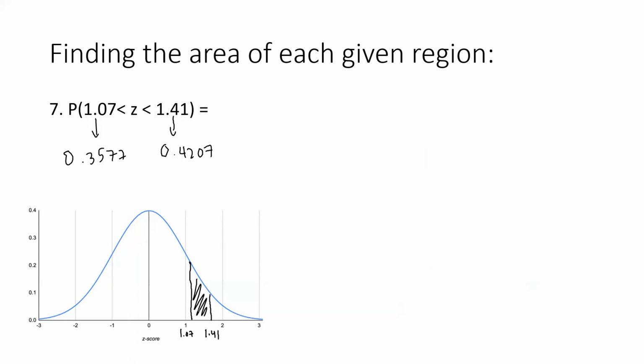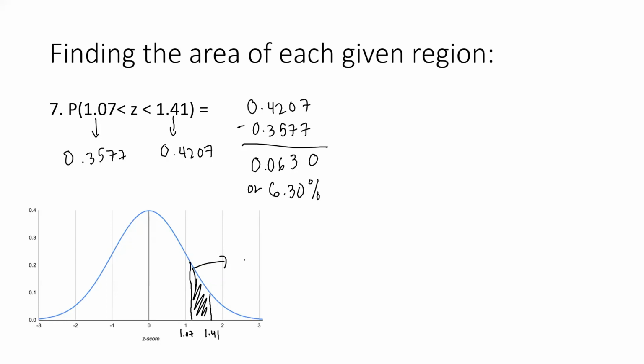Since there are two halves, this lies in the same half, the second half. So what we are going to do is subtract. It's the same amount of area. So we can say that the probability according to this inequality is 0.0630 or 6.30%.